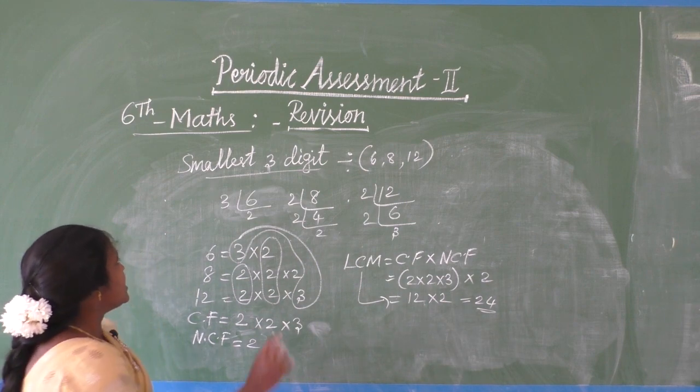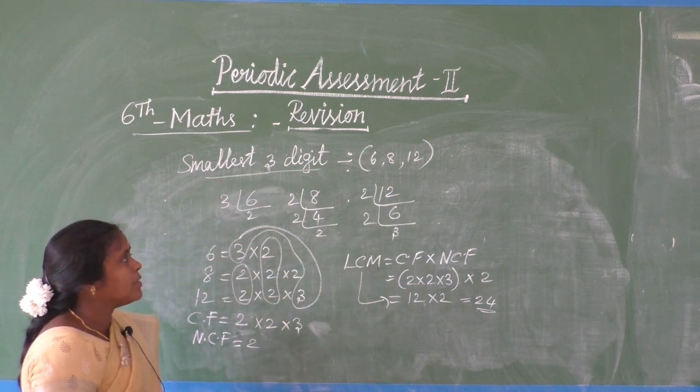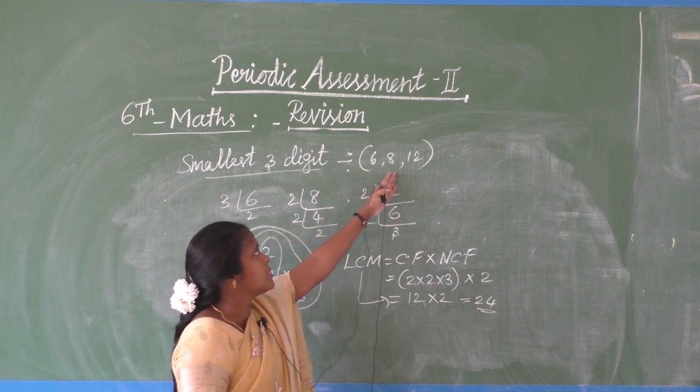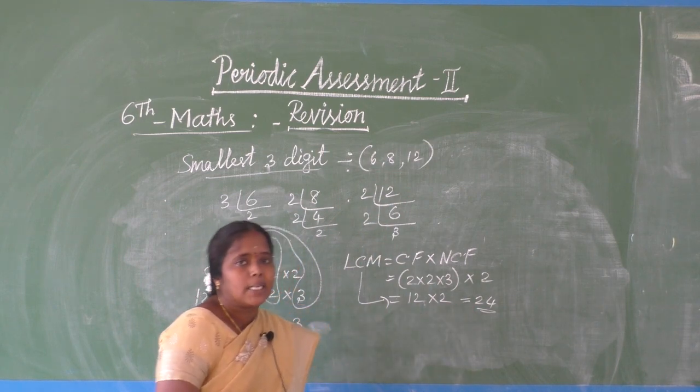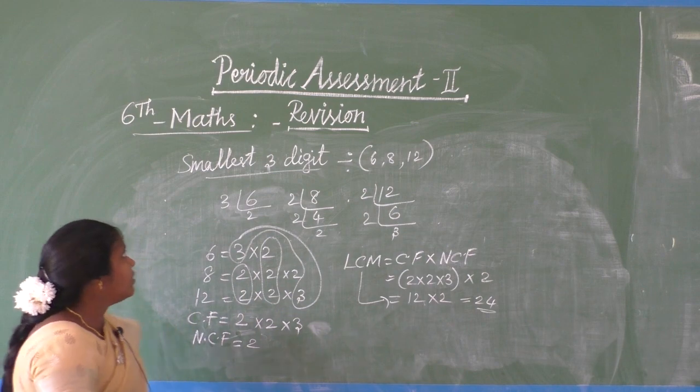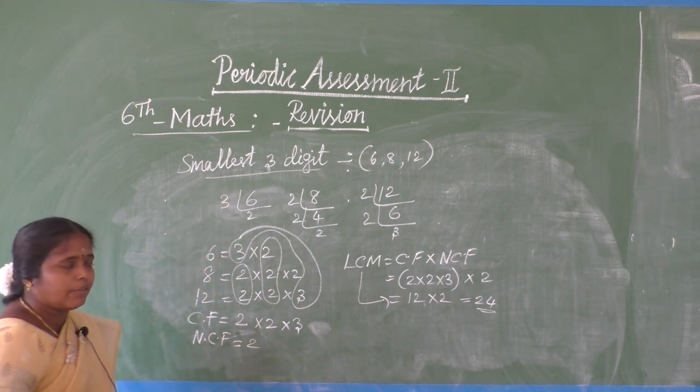Okay, but what is our question? You have to find the smallest 3-digit number which is exactly divisible by these. But we got only a 2-digit number now. So what to do? We need the smallest 3-digit number which is exactly divisible by the given numbers.